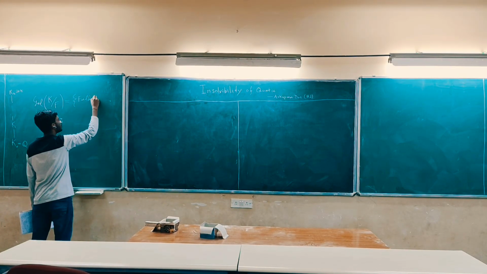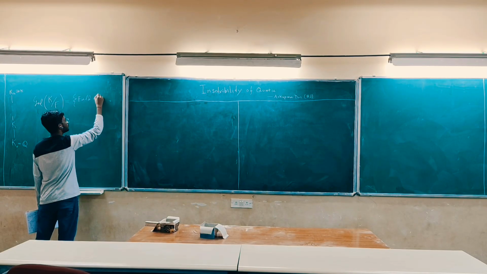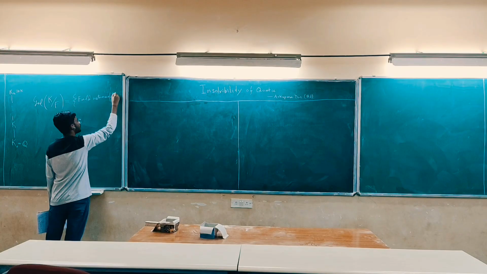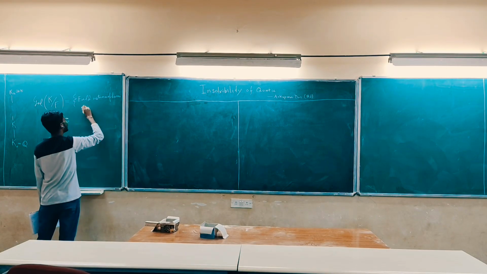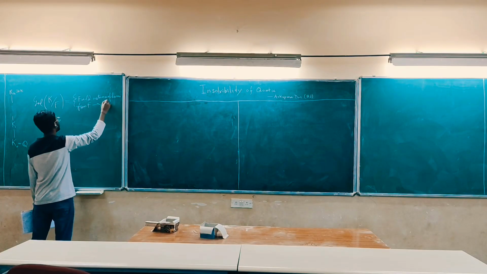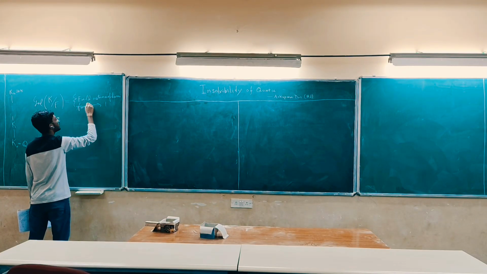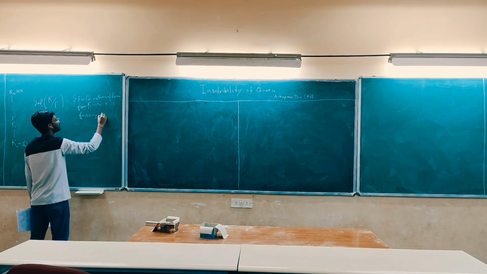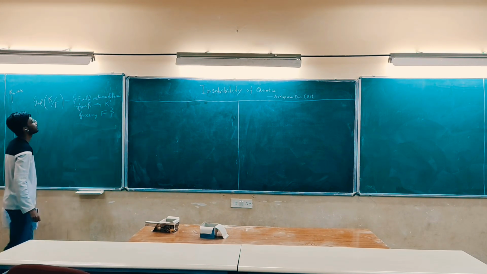I will define this as the field automorphisms from K to K fixing F. What does this mean?